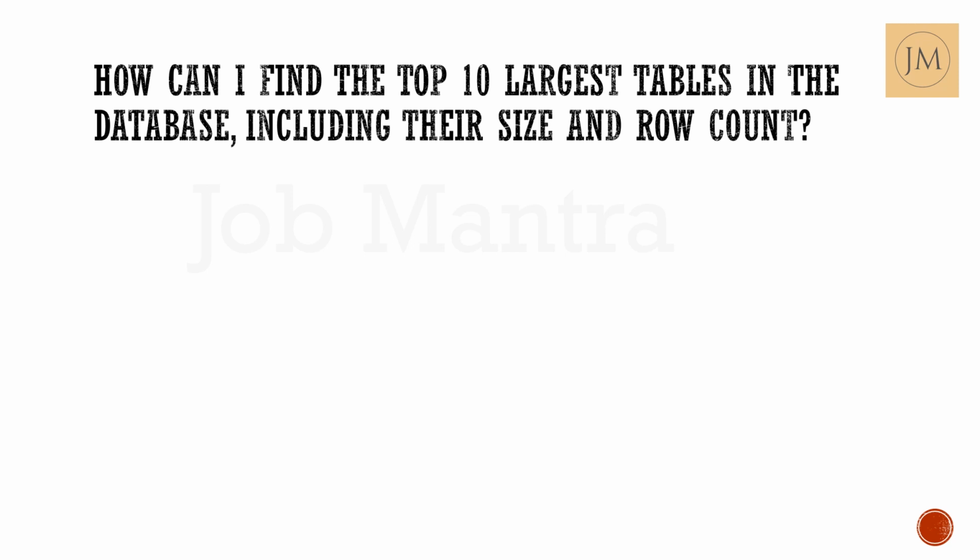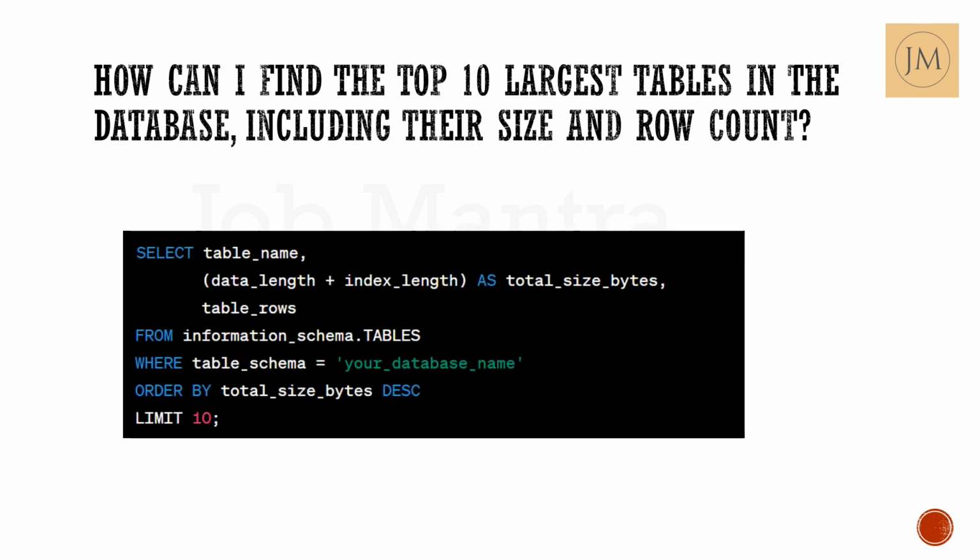How can I find the top 10 largest tables in the database, including their size and row count? You can identify the top 10 largest tables along with their size from information schema tables.